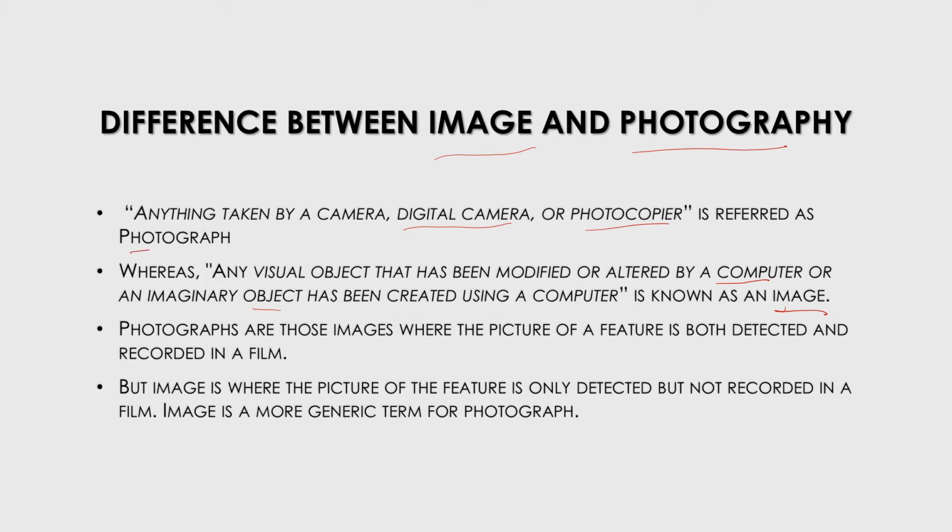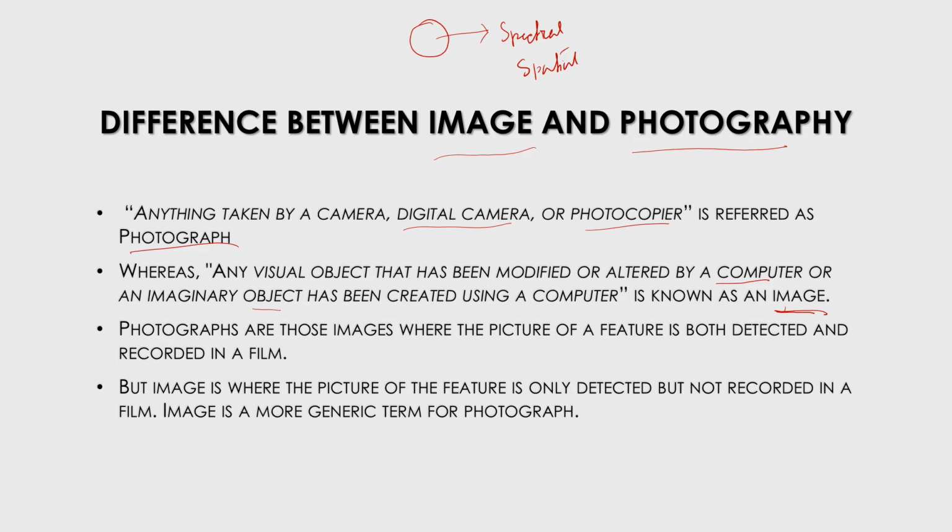So a photograph is a raw image of a feature, and when this feature is stored in the computer system after being modified or altered, that becomes an image. And remember, whenever an image is stored in a computer, it is modified a little bit automatically to adjust the spectral and spatial resolution of the image. This is basically the very basic difference between image and photography.